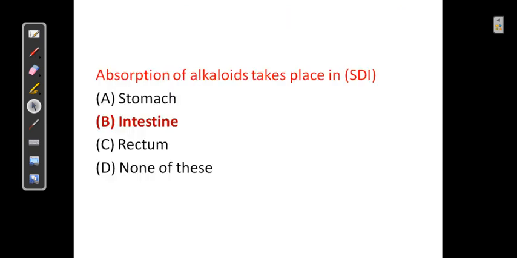Next one, absorption of alkaloid takes place in stomach, intestine, rectum, and none of the above. From the intestine, absorption of alkaloids occurs.